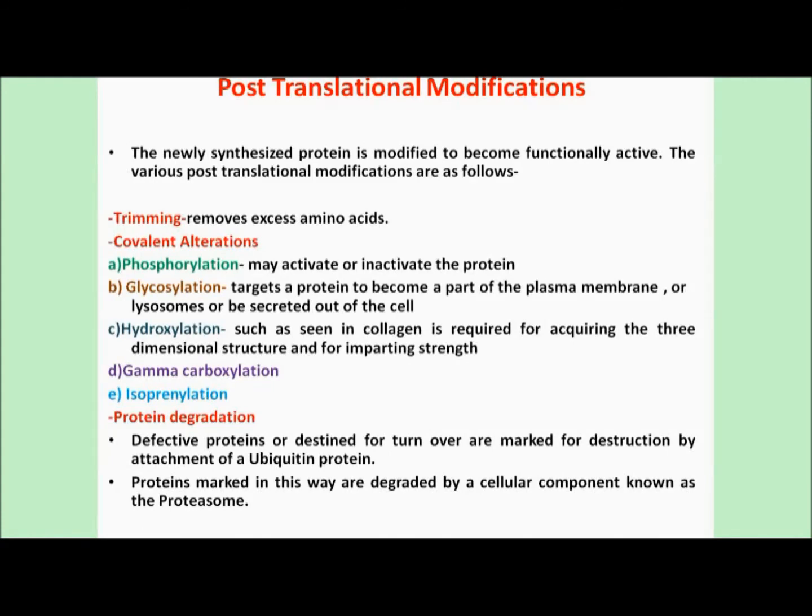Moreover, the proteins marked in this way are degraded by cellular components such as the proteasome. These proteasomes are protein-cleaving enzymes present in the cell. Thus, if your body is producing any defective protein, it will first be recognized by the ubiquitin protein. It will bind to the protein, then the proteasome will come and digest this protein.